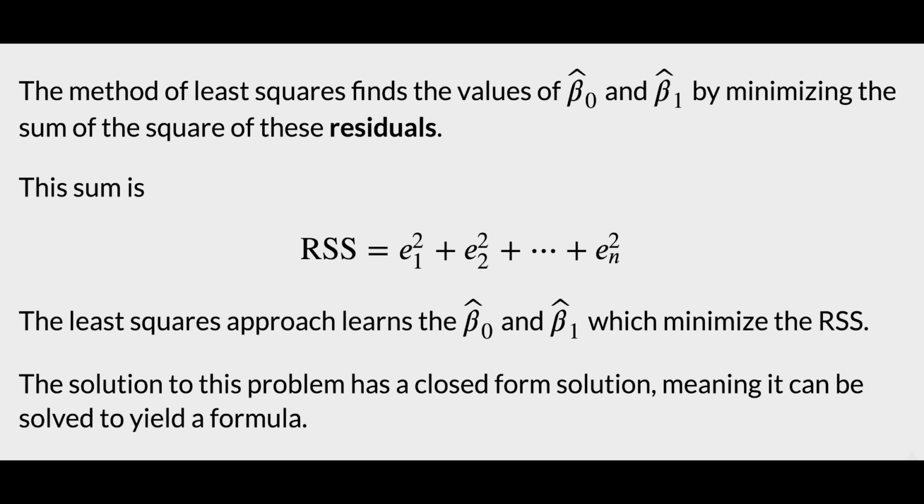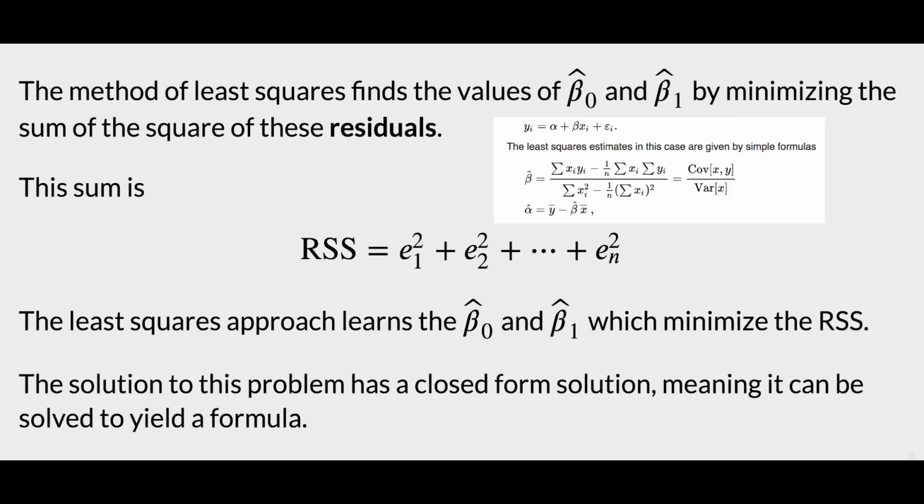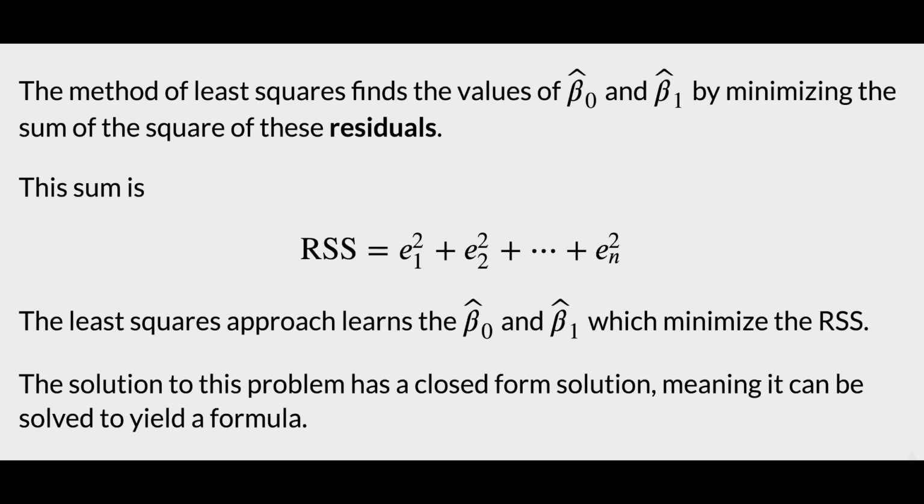The solution to this has a closed form solution, and you can find this closed form solution all over the internet. It's on Wikipedia. We've known about this closed form solution. It's probably one of the earliest things discovered in modern mathematics. It's very cool. I'm not going to go into it here. So the method of least squares is going to be minimizing this RSS.